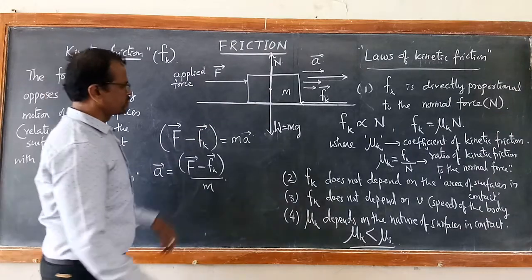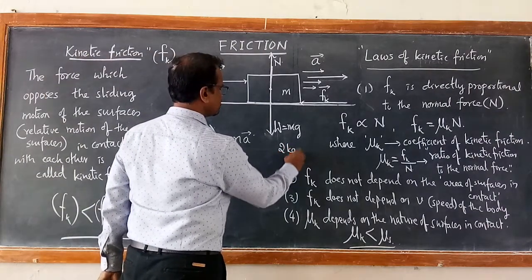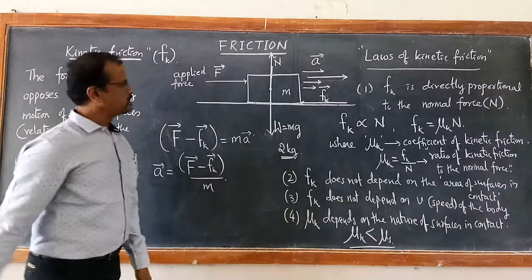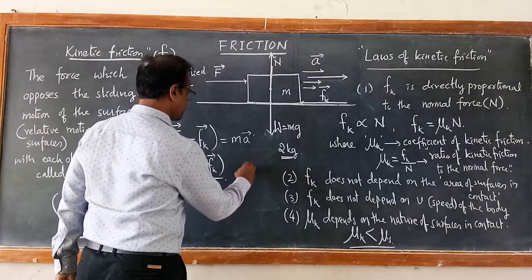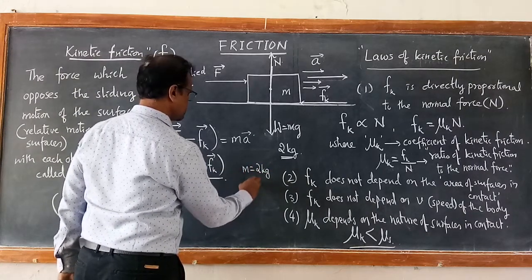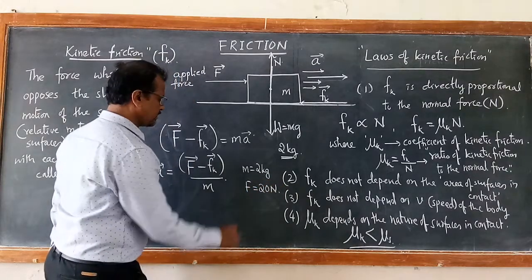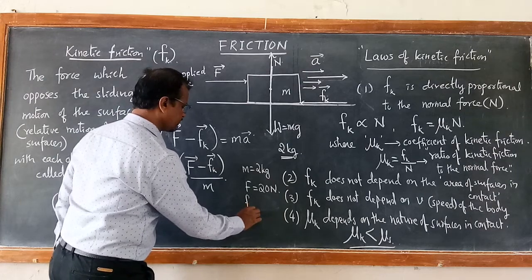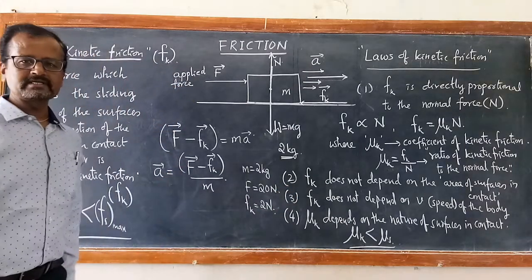Suppose the mass of the body is 2 kg and applied force is 20 Newton. Then suppose Fk is 2 Newton. Then you can calculate what is acceleration.